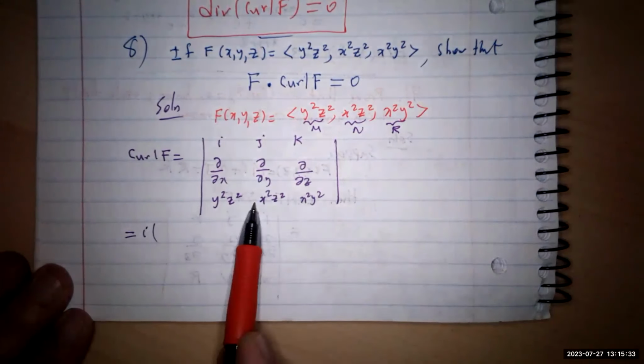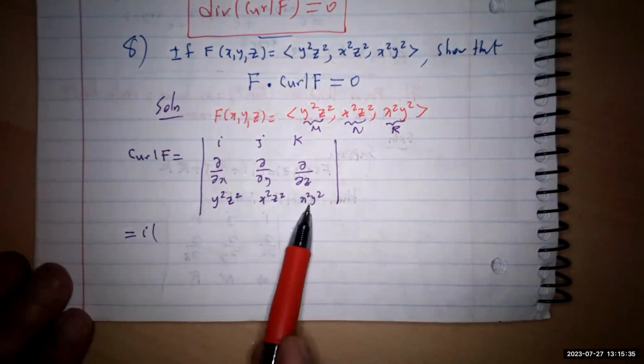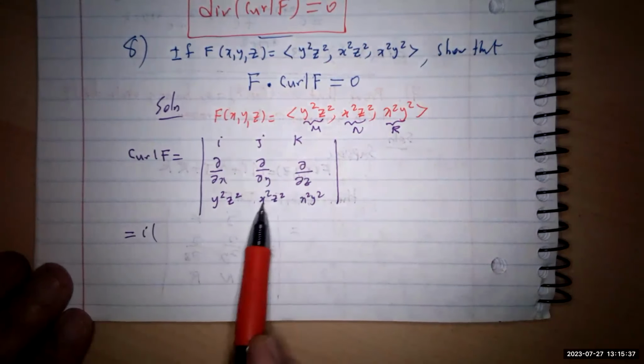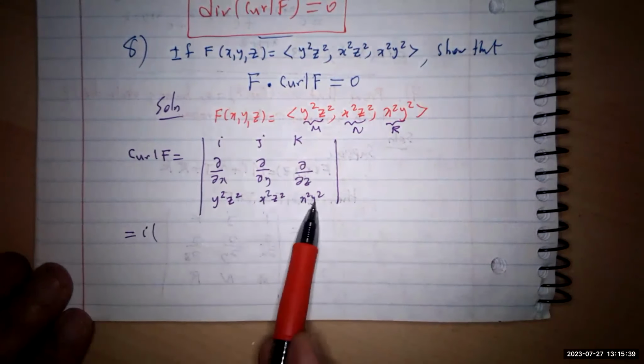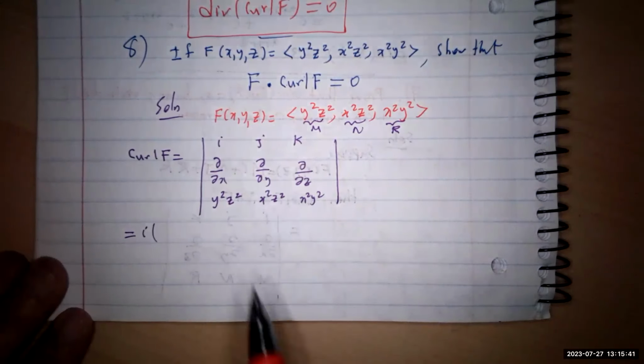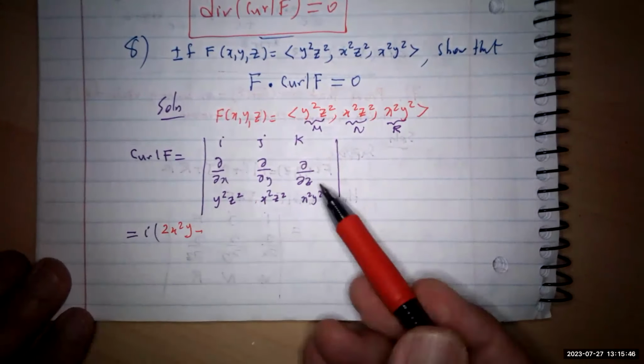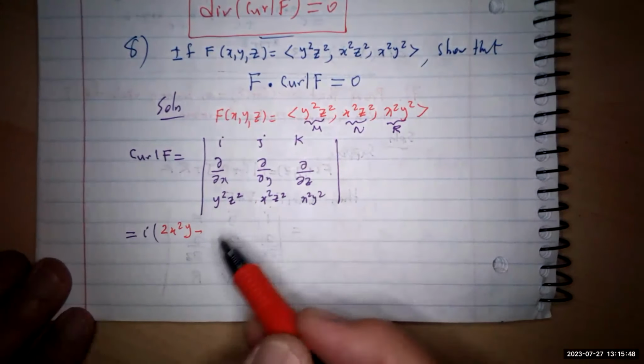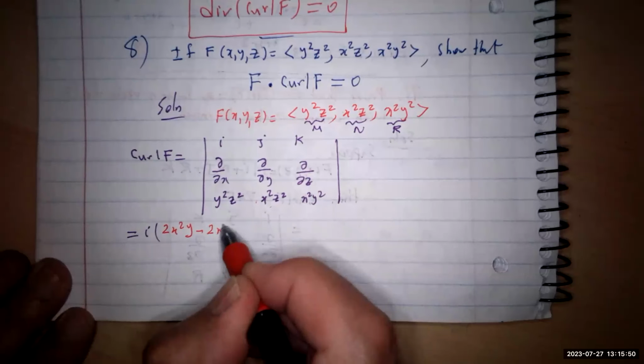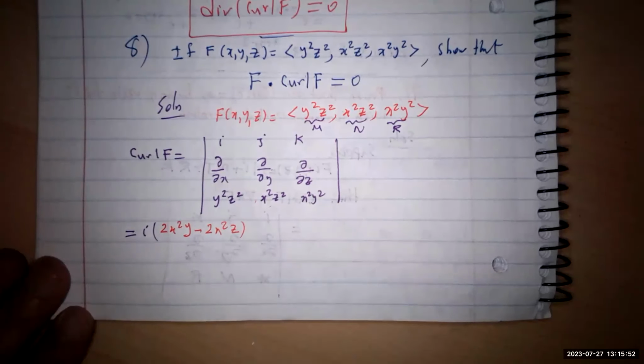Derivative with respect to y minus derivative with respect to z. Derivative with respect to y over here is going to be 2x squared y, minus derivative with respect to z, which would be 2x squared z. That's the first one.